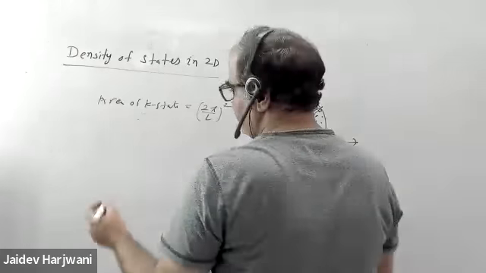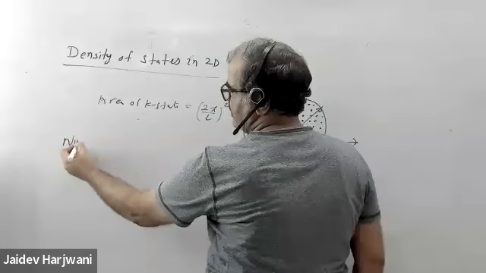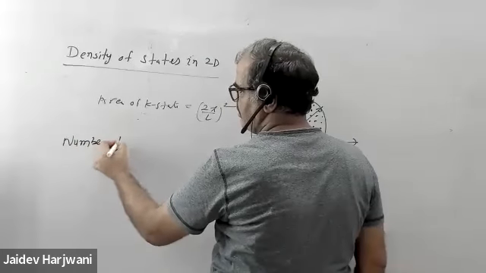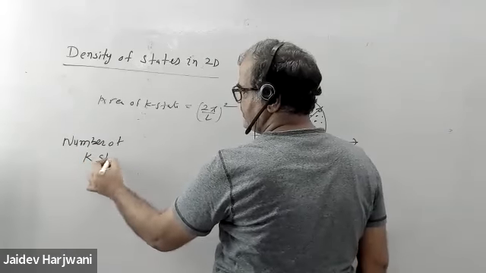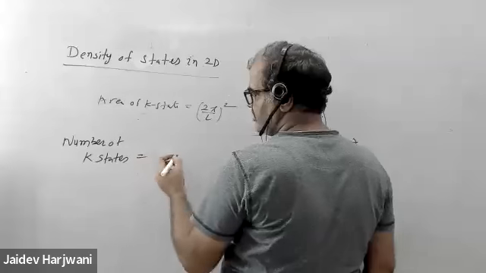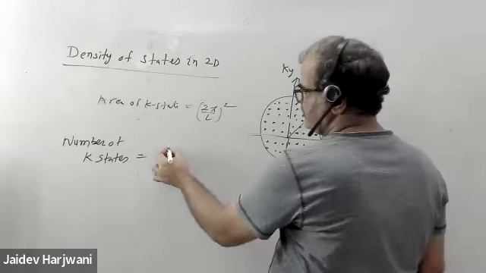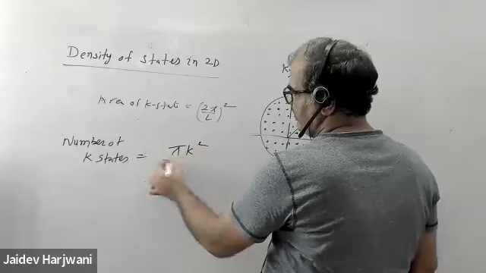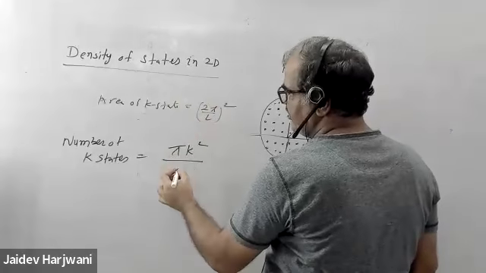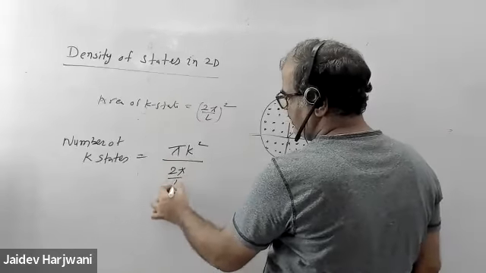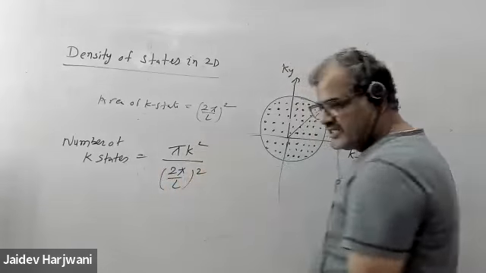So the number of k states: the area is pi k square. Very good. And the area of a k state is 2 pi by L square. This I'm doing in periodic boundary conditions.